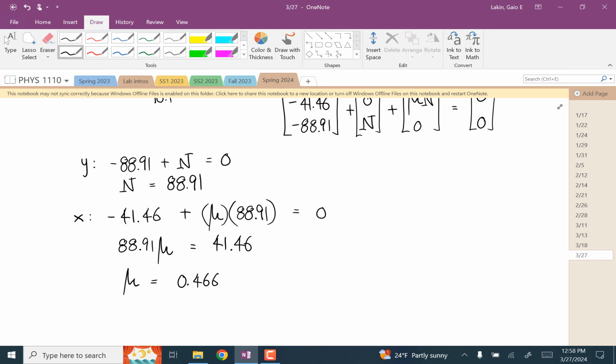Friction always is trying to slow things down, so less friction means less is happening to slow it down, so it'll be speeding up. And if the friction force is bigger, the coefficient is bigger, then it'll be slowing down because there's more of something trying to slow it down.